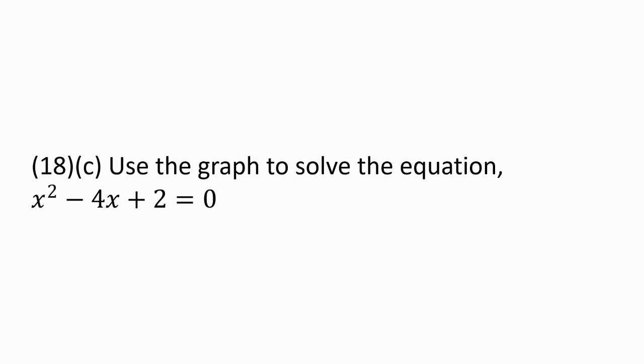Part C. Use the graph to solve the equation x² - 4x + 2 = 0. This is the copy of the graph that we've just drawn, and the graph is that of the equation y = x² - 4x + 2.